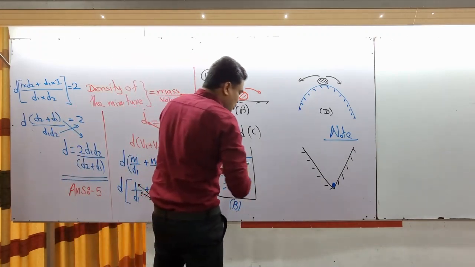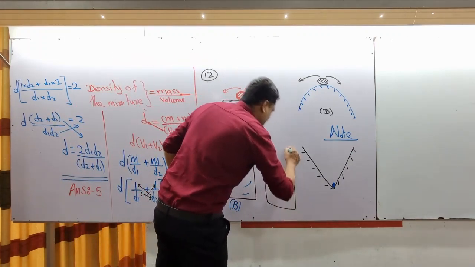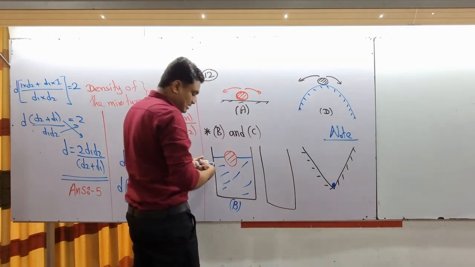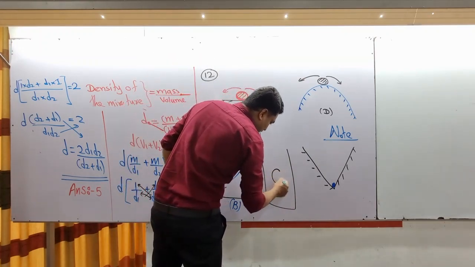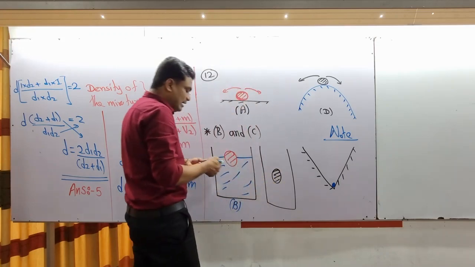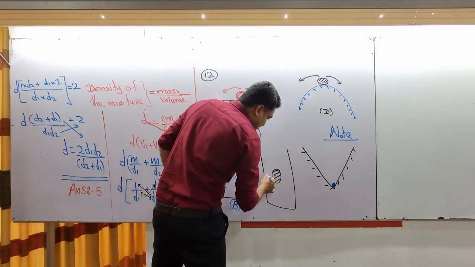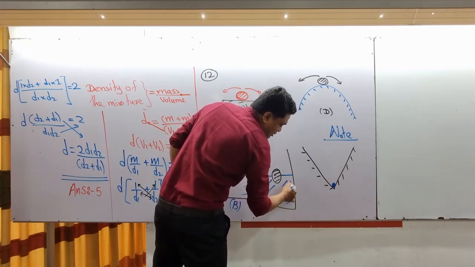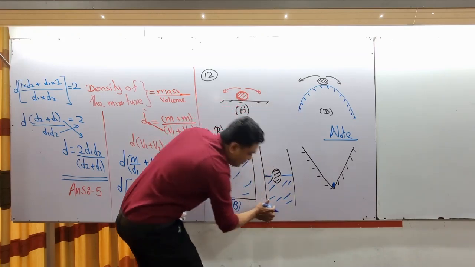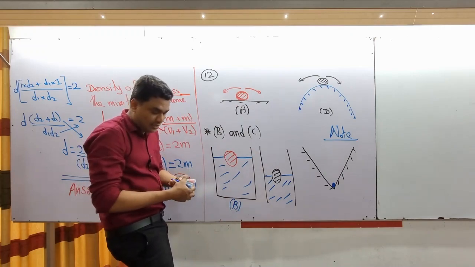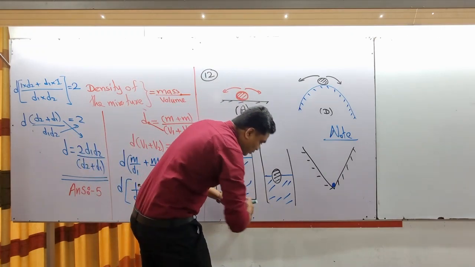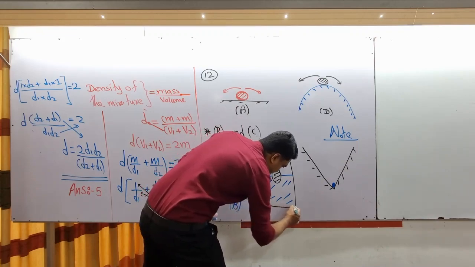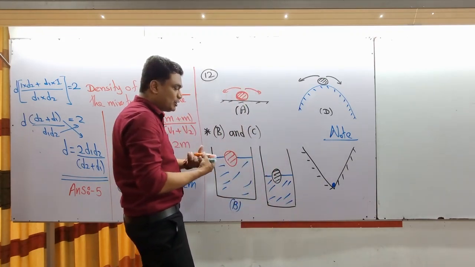Even figure C shows the same situation. There are two liquids. The object is somewhere here. One liquid is below the sphere, something like water and coconut oil, the best example for two liquids. Density of water is larger, so water will be at the bottom.